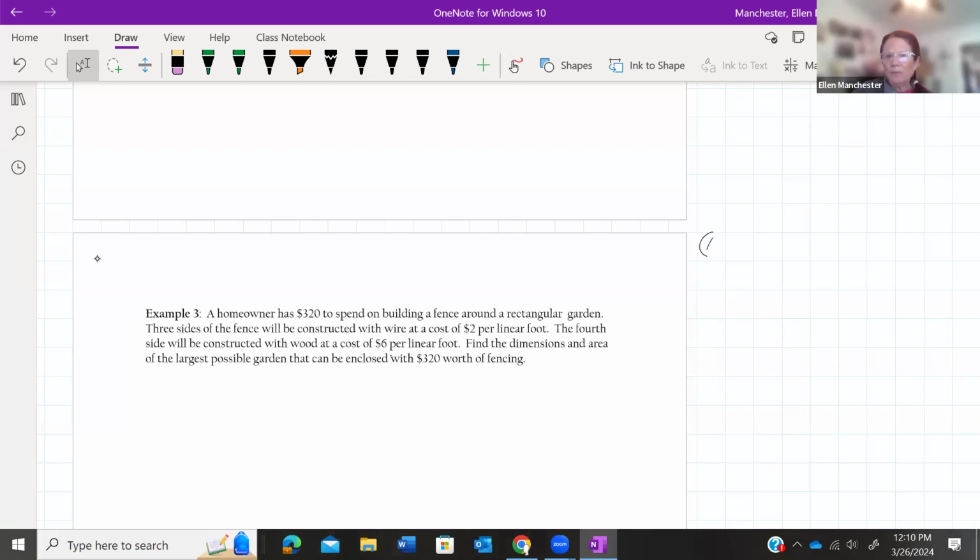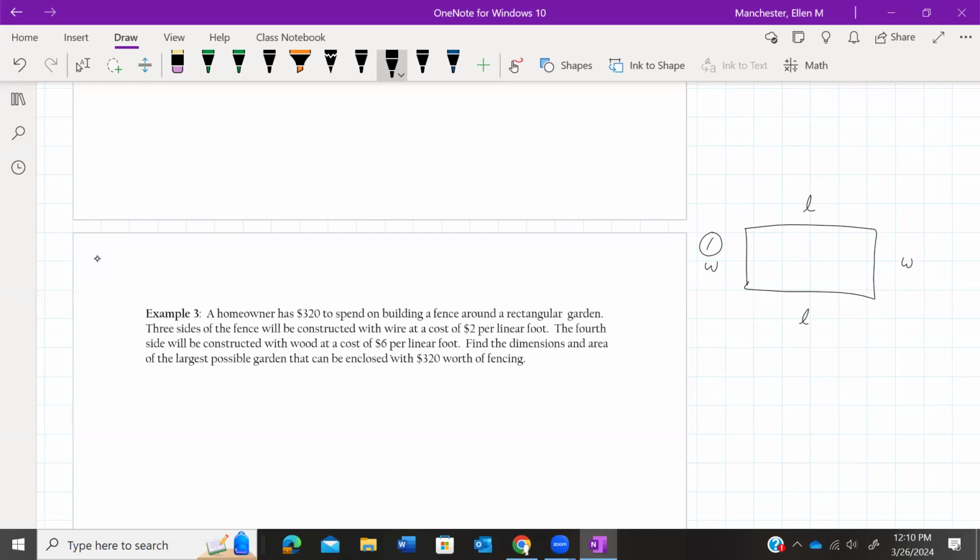So when you're drawing a picture of this, you do have a rectangle again. Logically, if one of these sides is going to be more expensive, which side do you think I should put in wood? Should it be the length or the width?